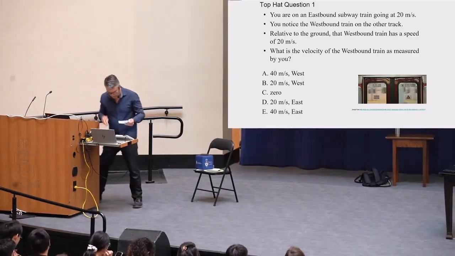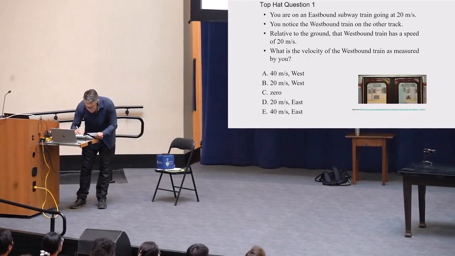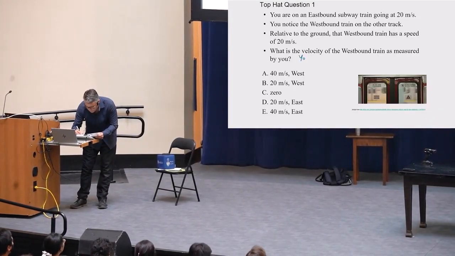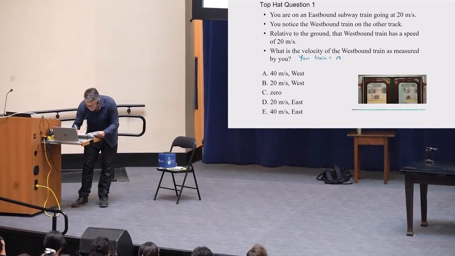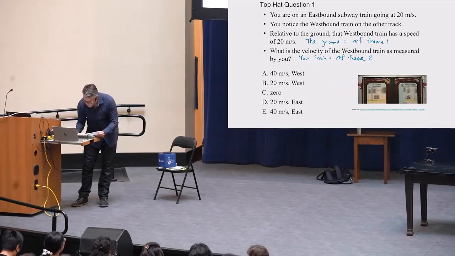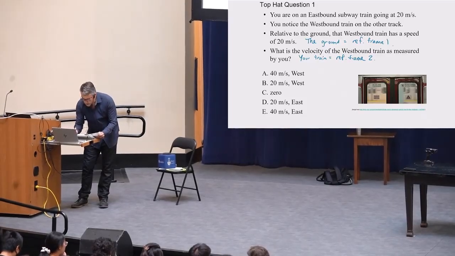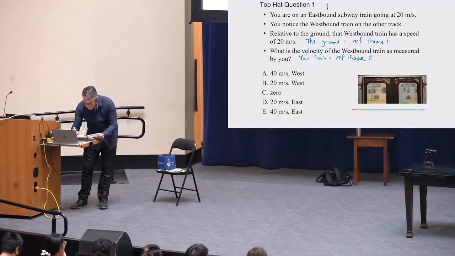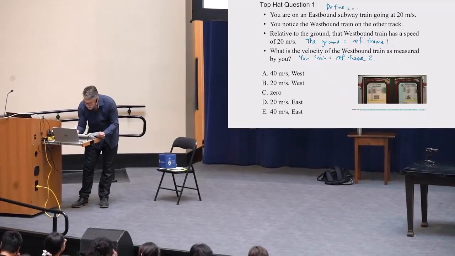Just really quickly, let's see if I can cram in the answer here. Your train is reference frame 2. And then I would say the ground, or the lab frame, is reference frame 1. So you are eastbound in a subway train, so let's define plus as east.